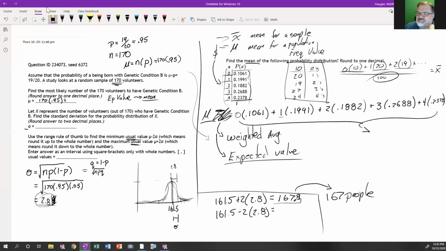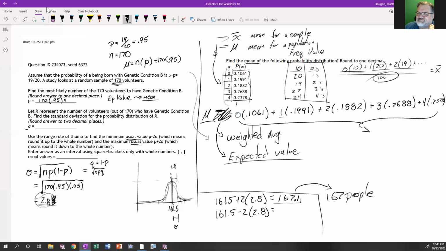So be careful. That's why it's telling you here where to round up and where to round down. It's not always going to tell you that, by the way. So with 167.1, we'd normally round down, but we have to round down here because we're talking about a maximum number of people.